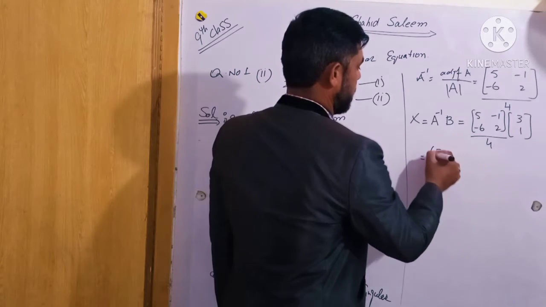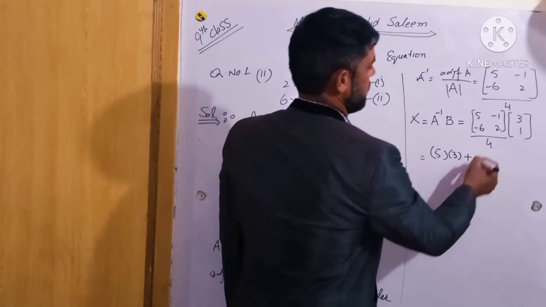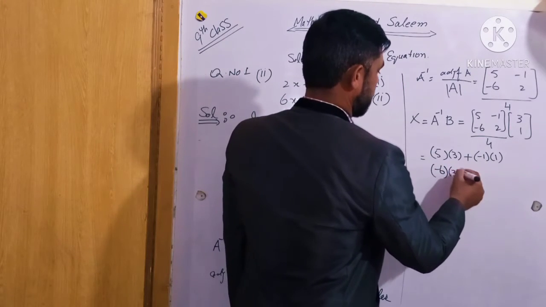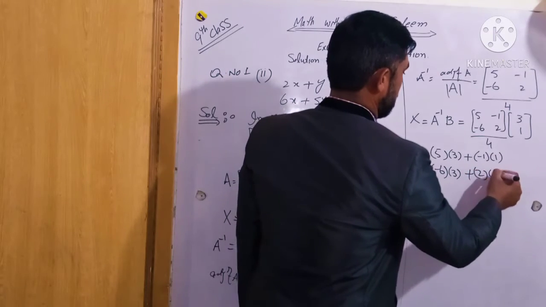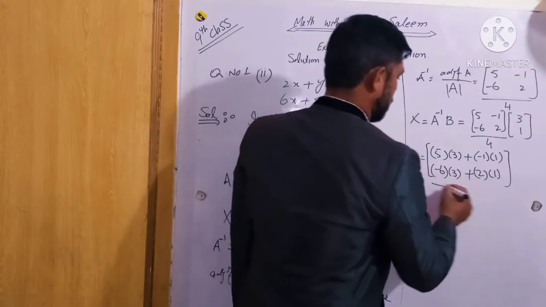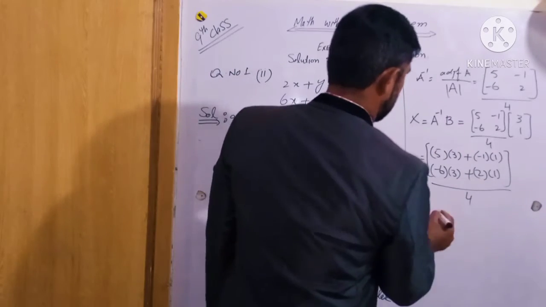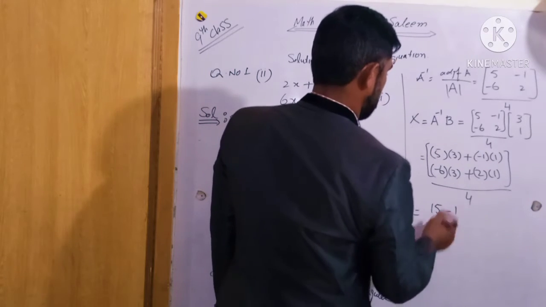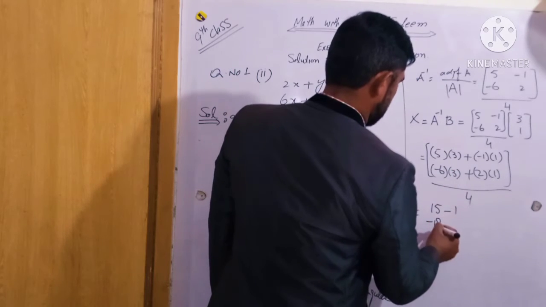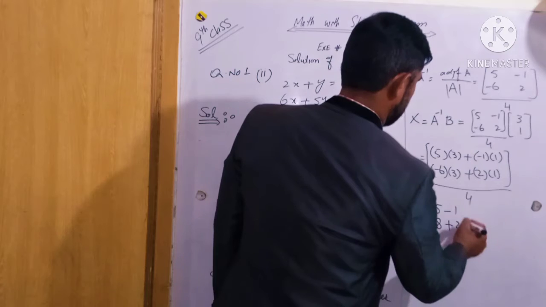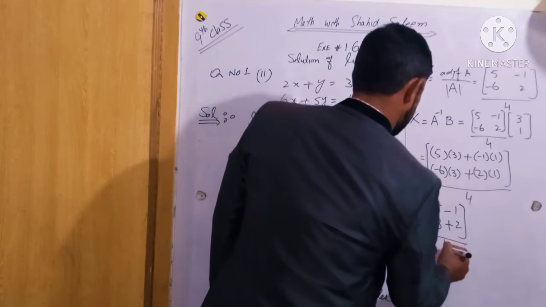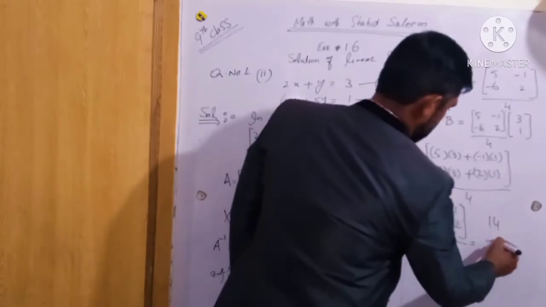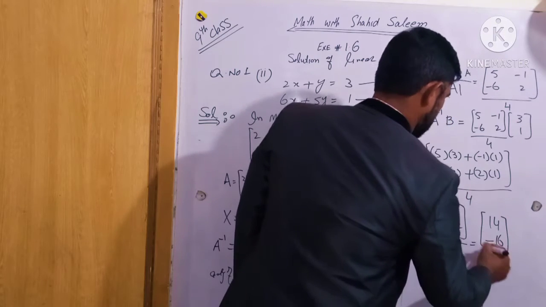So 5 into 3 plus minus 1 into 1, minus 6 into 3 plus 2 into 1, over 4, which is equal to 5 3s are 15 minus 1, 6 3s are minus 18 plus 2, over 4, which is equal to 14 and minus 16 over 4.